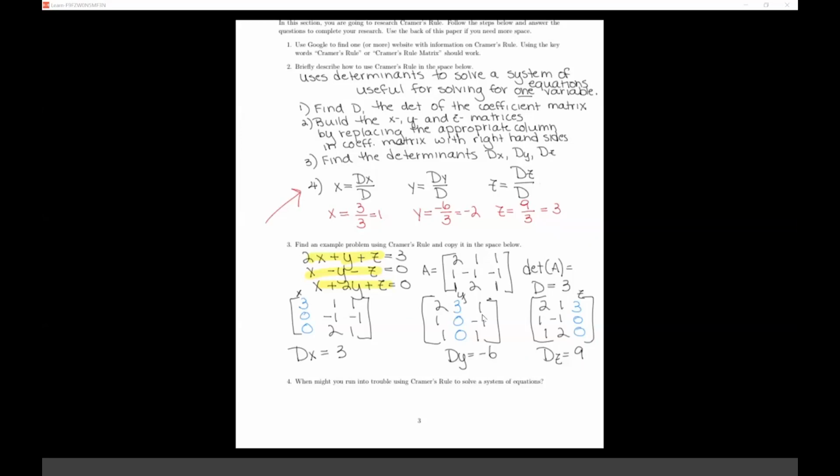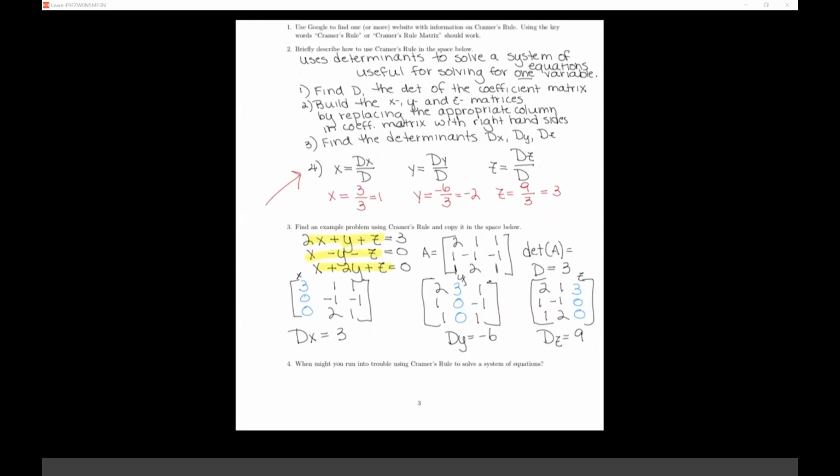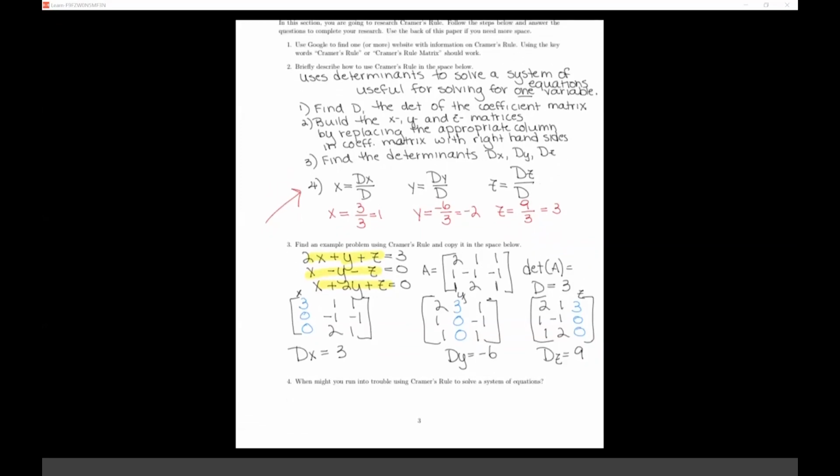All right. Here's a question that you might want to answer. It's always good to know when things are going to break. So question 4 down here says, when might you run into trouble using Cramer's rule? So I'll rephrase it a little better. When will Cramer's rule break?